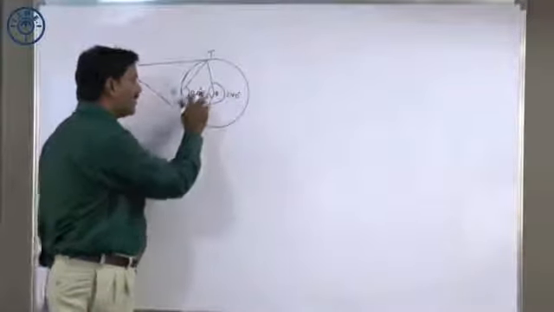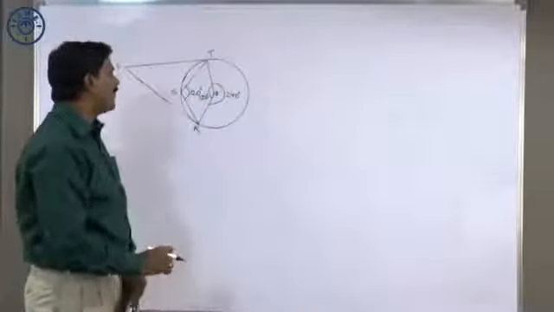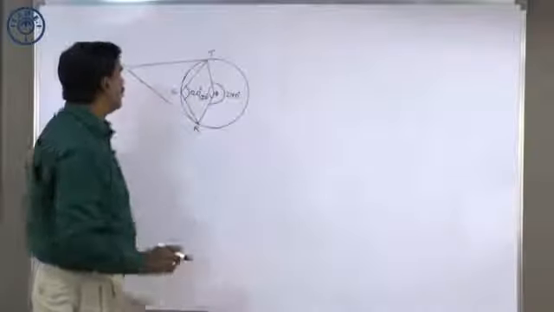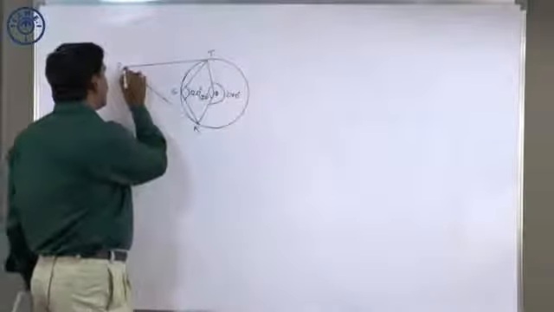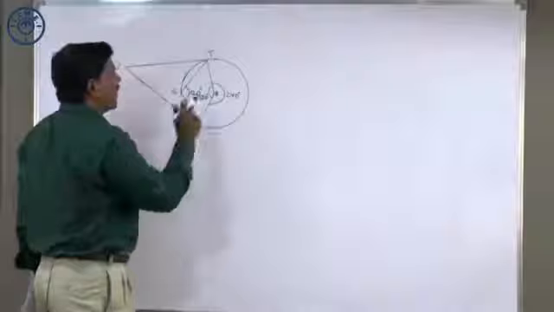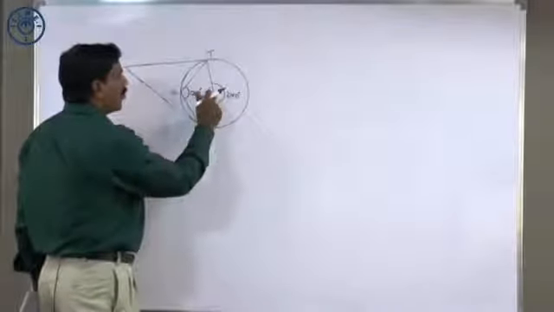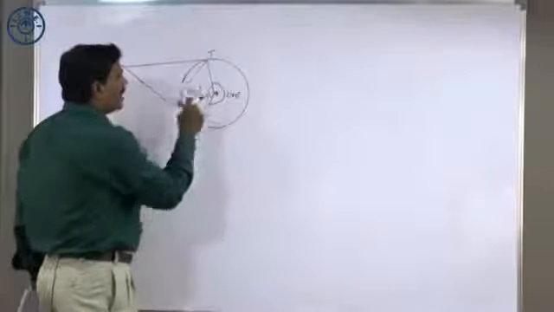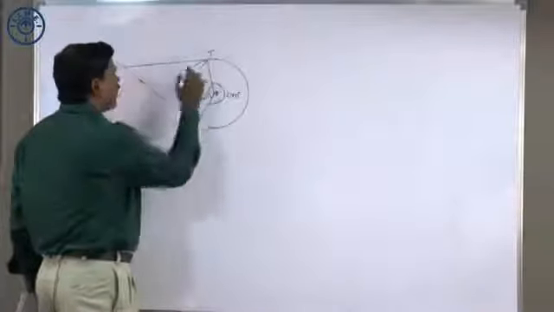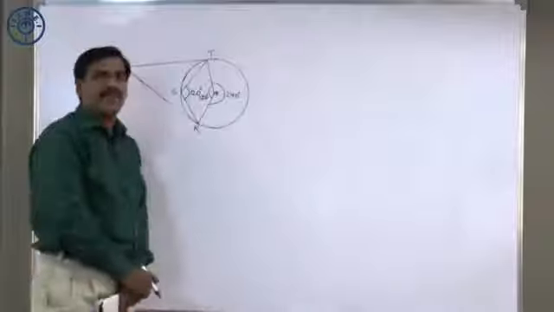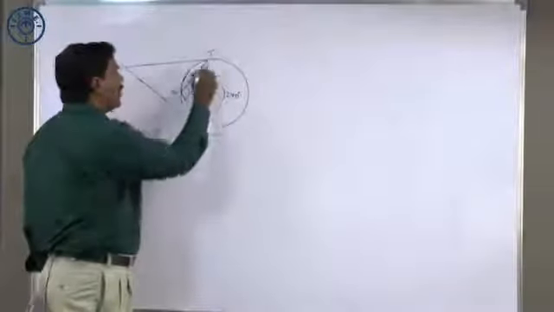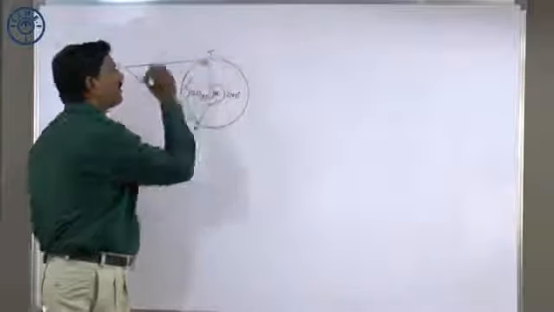So this is 120 we have and we are looking for angle TPR is how much, right? As P is an external point and PT is a tangent, and OT is the radius of the circle. We know radius and tangent at the point of contact always make an angle of 90 degrees, or in other words tangent and radius at the point of contact are perpendicular to each other.